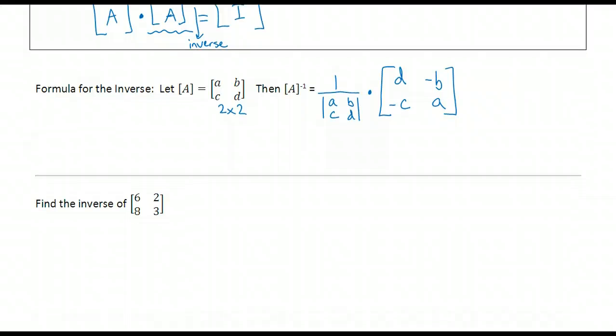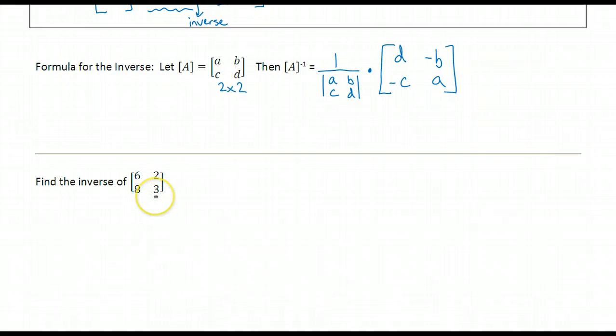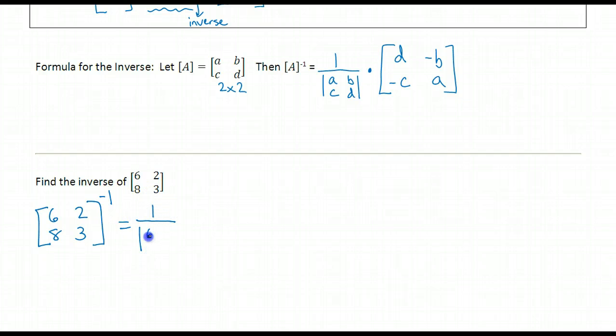Let's try an example. Let's say I want to find the inverse of the matrix 6, 2, 8, 3. The notation for inverse is raised to the -1st power equals 1 over the determinant of my original matrix, the reciprocal of the determinant, times this matrix all mixed up.